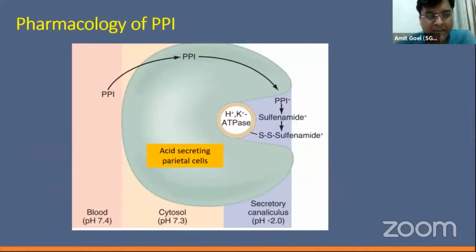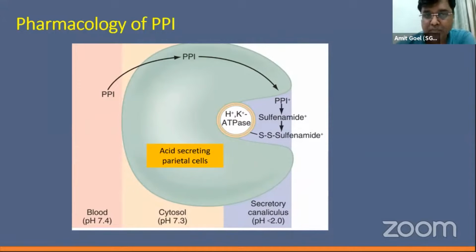So proton pump inhibitors, like any other drugs, once they are ingested, circulate into the blood after absorption, reach every cell of the body, and diffuse inside the acid-secreting parietal cell in the gastric mucosa. Up to this point, there is no difference in the concentration of the drug. This drug is secreted inside the acid-secreting canaliculi.